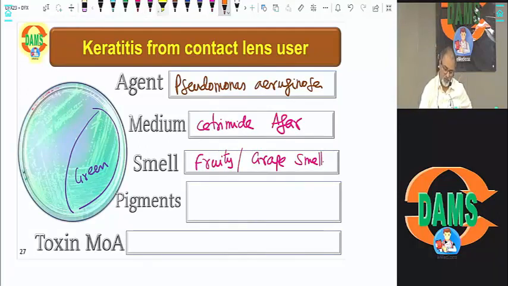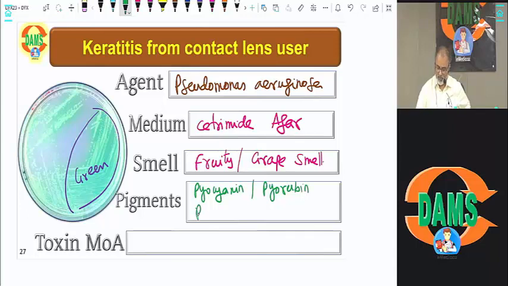It produces 4 types of pigment. Pyocyanin, pyorubin, red color, pyoverdin, yellow color, and pyomelanin, black to brown color.